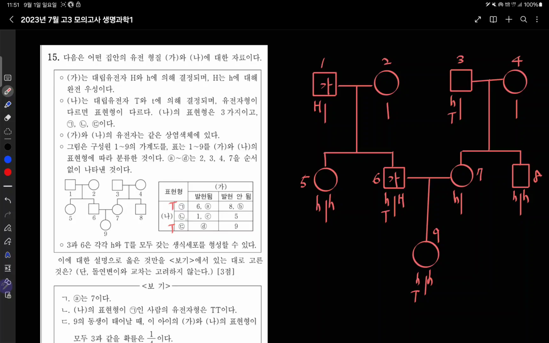That means the second phenotype for the second trait is made by homozygous recessive T allele. No. In this case, we are just saying two lowercase t allele. For the second trait, we don't say which one is dominant or which one is recessive.